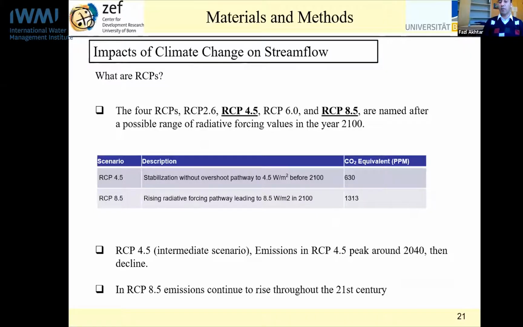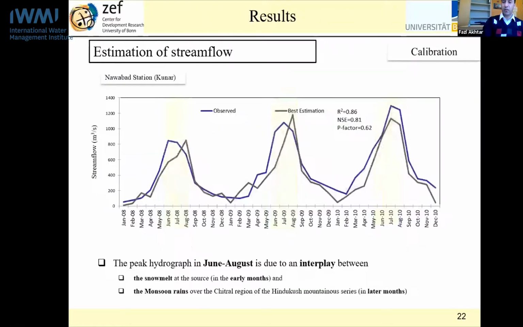And then RCP 8.5, which is often called the worst case scenario, is expected to continue the way it is, with emissions higher at 8.5 watts per square meter. That's expected to increase until the end of the century. So these 2 scenarios we chose for our study.